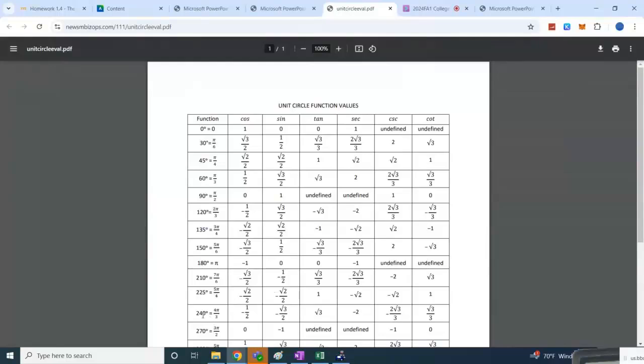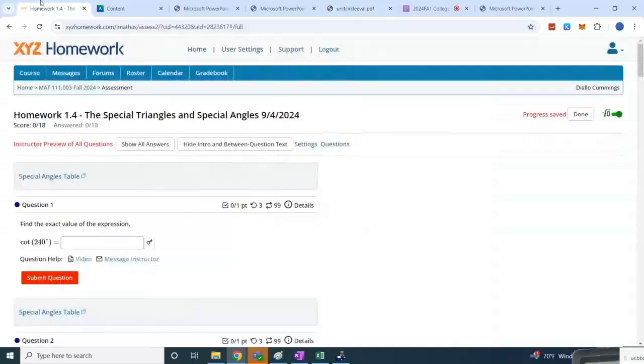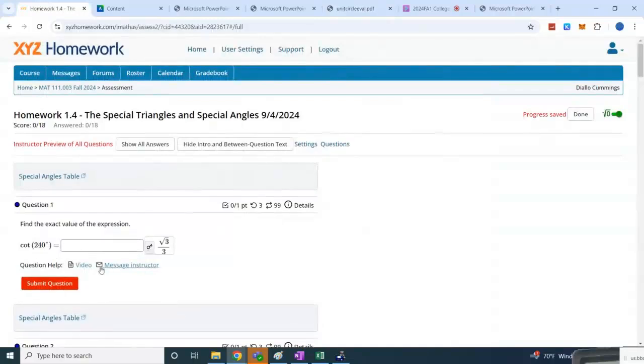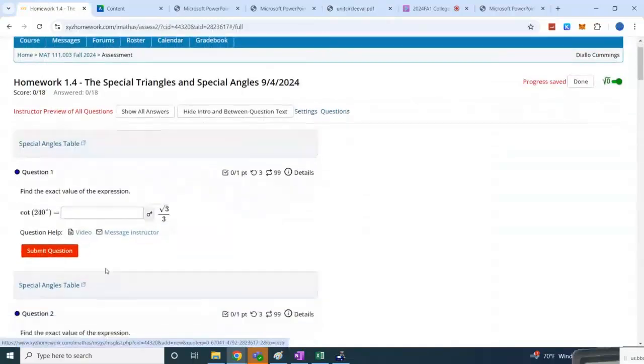I'm going to find 240 degrees, which is 4 pi over 3 radians, and its cotangent should be positive square root of 3 over 3. All right, so here we get square root of 3 over 3.